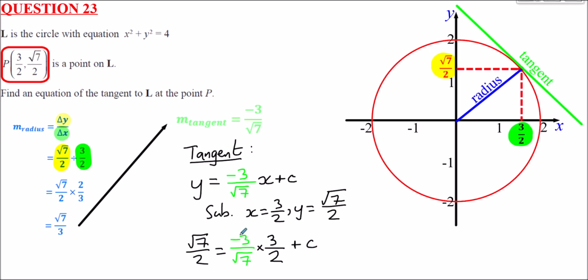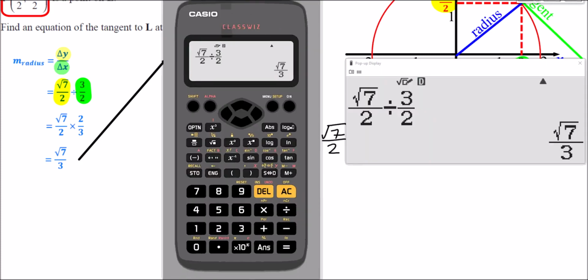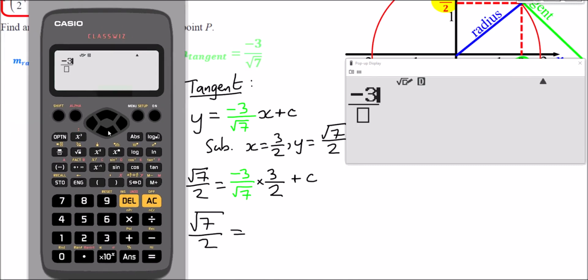So all we need to do here is make this a bit neater. What I've got here is root 7 over 2 equals minus 3 over root 7 times 3 over 2, plus c. Let's work this out: minus 3 over root 7 times 3 over 2 gives us a value of minus 9 root 7 over 14.